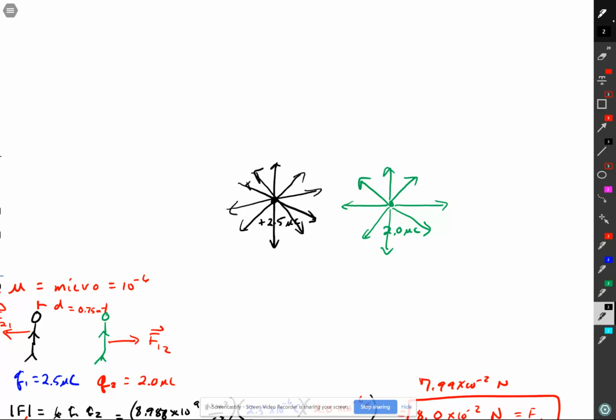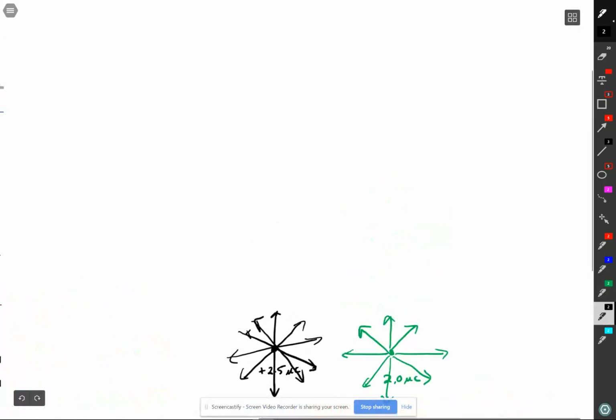Not exactly right. Now when we combine these, it's going to make a picture that is a little biased by the larger charge. So I am going to redraw up here the 2 charges, and then they're going to still come out like that.